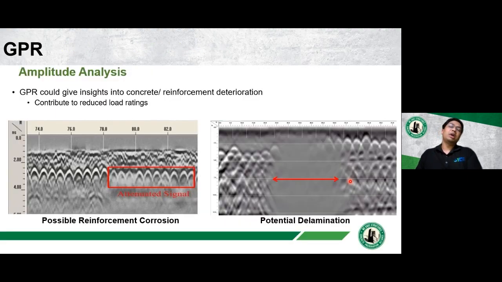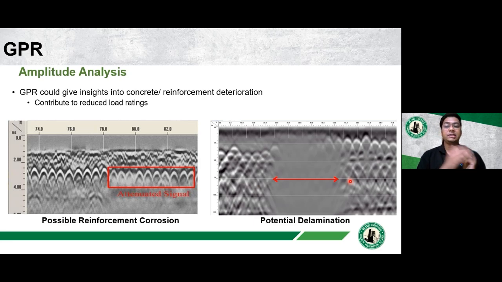In addition to cover depths and layout, GPR, as I've already mentioned, can also give you information about the subsurface degradations by means of amplitude analysis. This is one way of analyzing the GPR data. And the amplitude analysis takes advantage of the fact that GPR signal amplitude can be attenuated because of the presence of subsurface delaminations or presence of moisture.